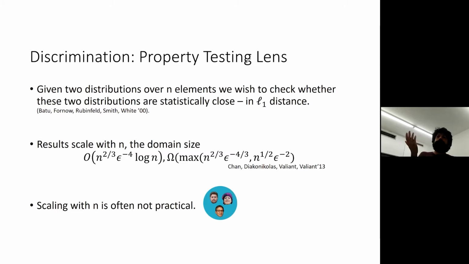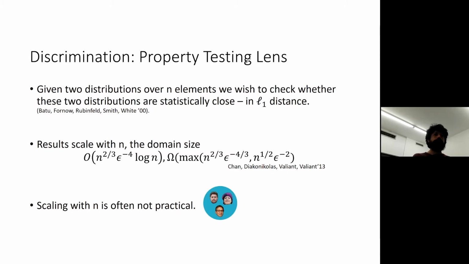And the nice thing is that if you have enough data to do property testing, you can actually decide if the two distributions are close or not in a very strong type of metric, much stronger than IPM.